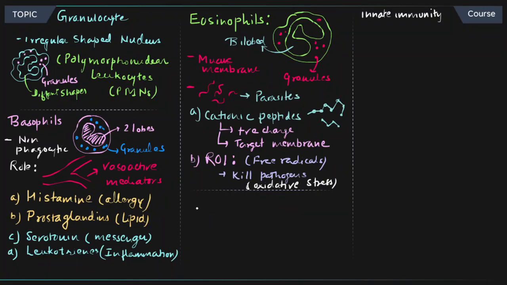Now it is also very important in the case of allergic reactions, but its role is to control the allergic reaction. Point number one is that it can enhance type 1 hypersensitivity. That is for sure.